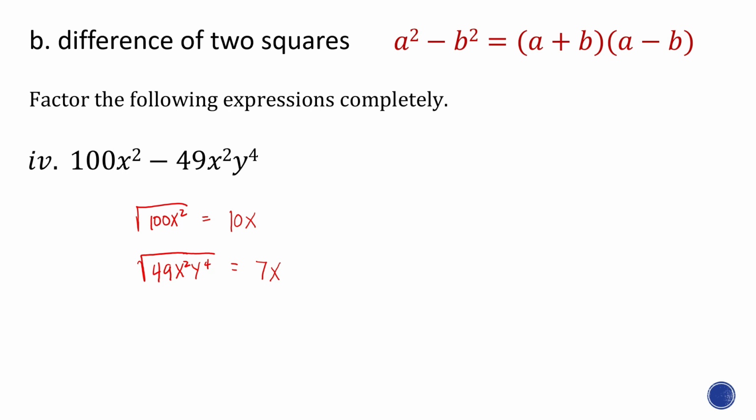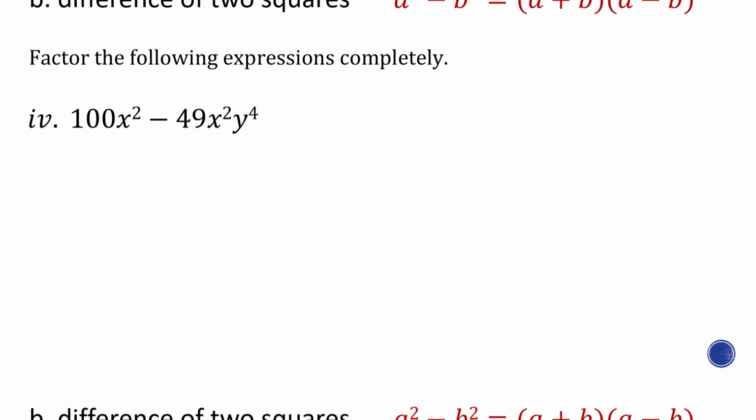So what is the square root of y raised to 4? Simply divide 4 by 2, and that gives us 2. Now that we have our a and b, our answer is 10x plus 7xy squared times 10x minus 7xy squared.